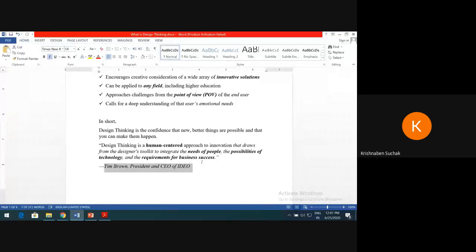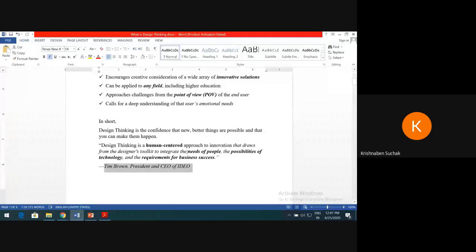For example, let's take the example of Paytm. We needed something to do everything from our home. We can recharge, we can book our tickets, we can buy things from home. We can also contribute to society through Paytm from our home. So these are the needs of people.